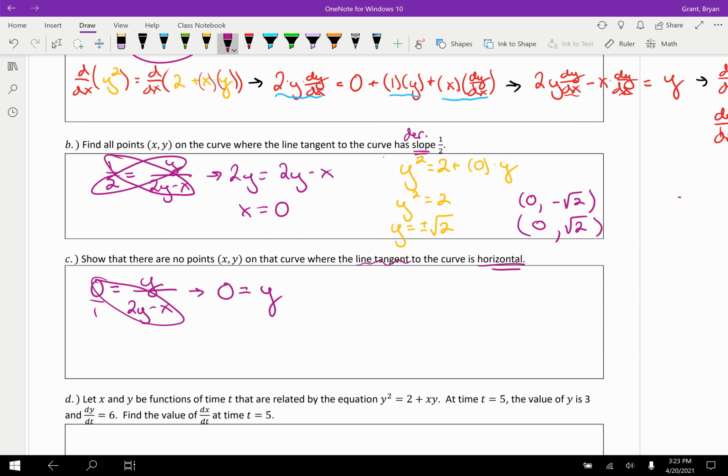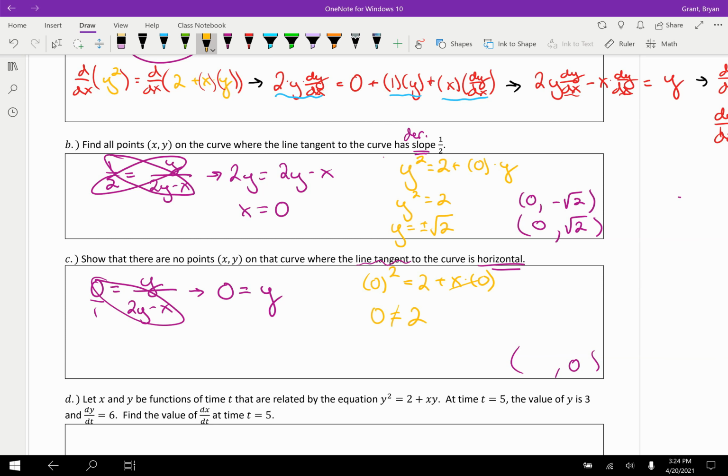All right, so in order for there to be a tangent line that is horizontal, y must be 0. Are there any points on the curve where y is 0? Let's do the same thing as before. Y squared equals, 0 squared, y is 0 in this case, equals 2 plus x times 0. Well, those are gone. 0 equals 2.